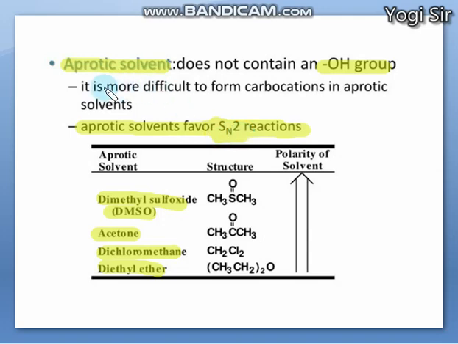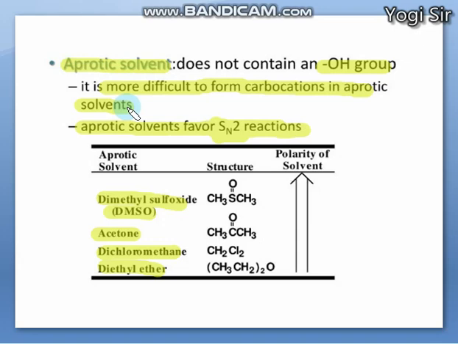It is also mentioned that it is more difficult to form carbocations in aprotic solvents. If carbocations are not produced, the reaction would be the SN2 mechanism, and if there is formation of carbocation, then the reaction mechanism is SN1.